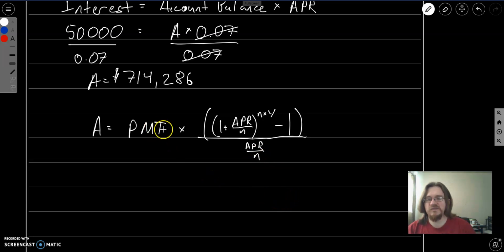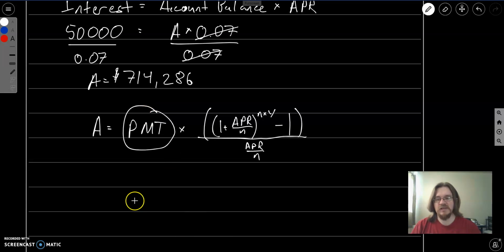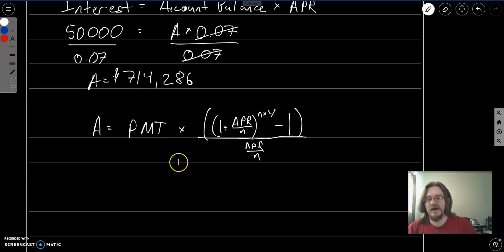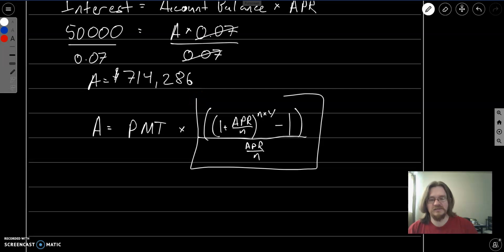So what we need to do here is solve for our monthly payments, because we know how much money we want to have in our account. We know how many years we'll be investing. We know our APR. We know how many times a year we'll be making payments. We know everything but our monthly payments. And this is actually not too hard to solve, because I have my monthly payments times this number is equal to A.